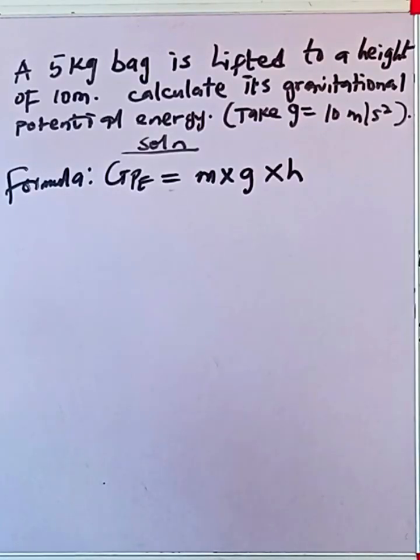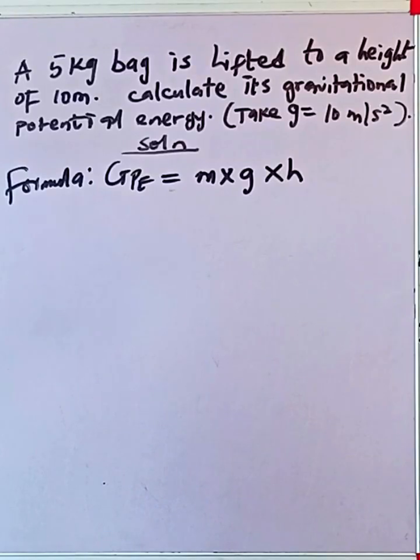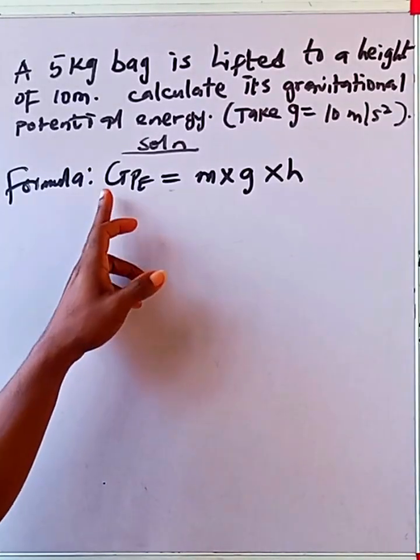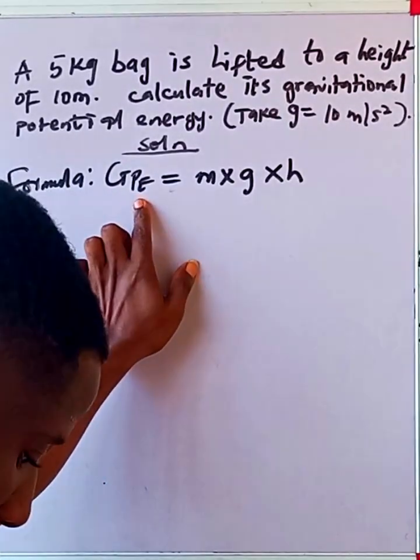So it's M times G times H. Now, this GPE means gravitational potential energy.